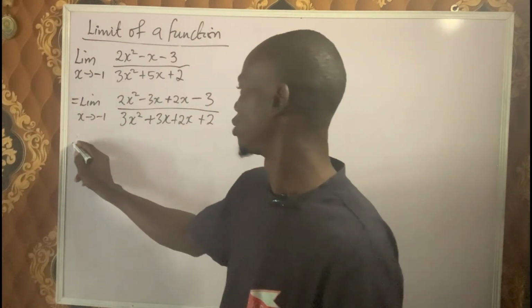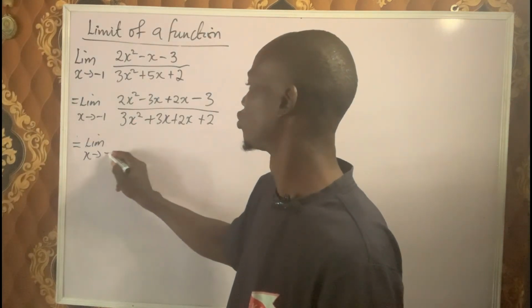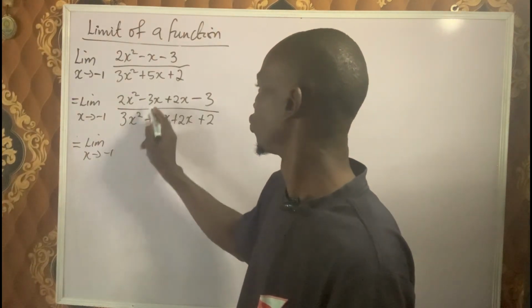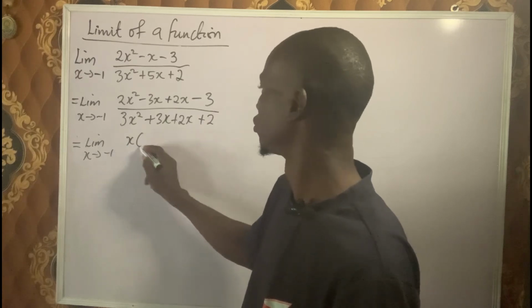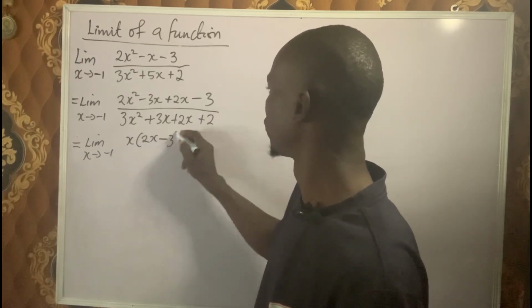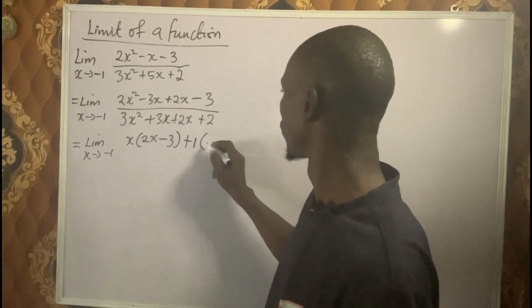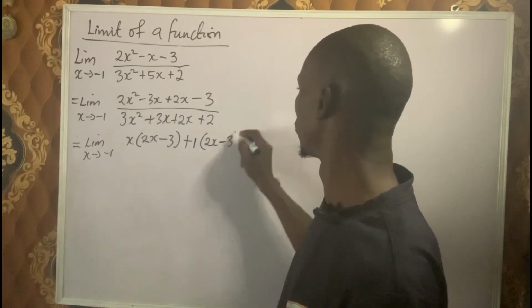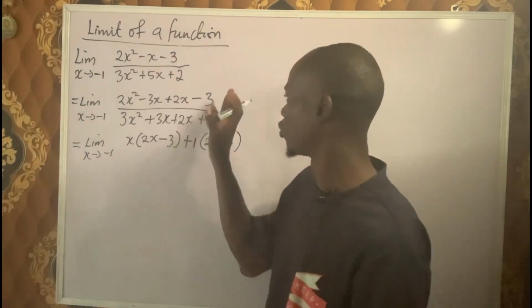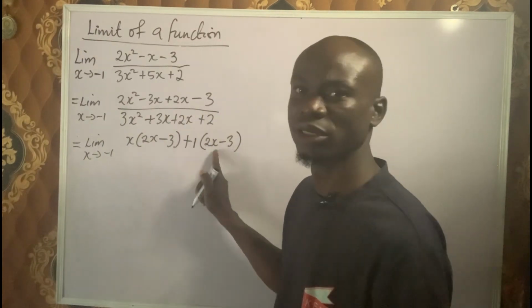Now if we factorize, we're going to have limit as x tends to minus 1. So here x is common. We have 2x minus 3 left. Here nothing is common, so 1 is the factor. We have 2x minus 3 left. Every time you factorize, you always have the same expression in a bracket.